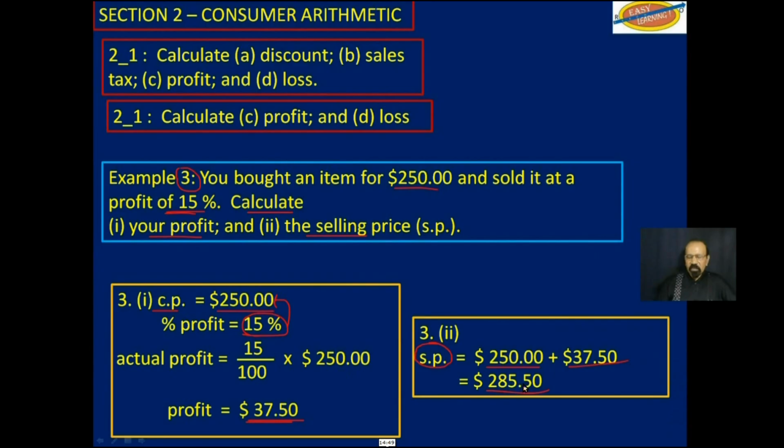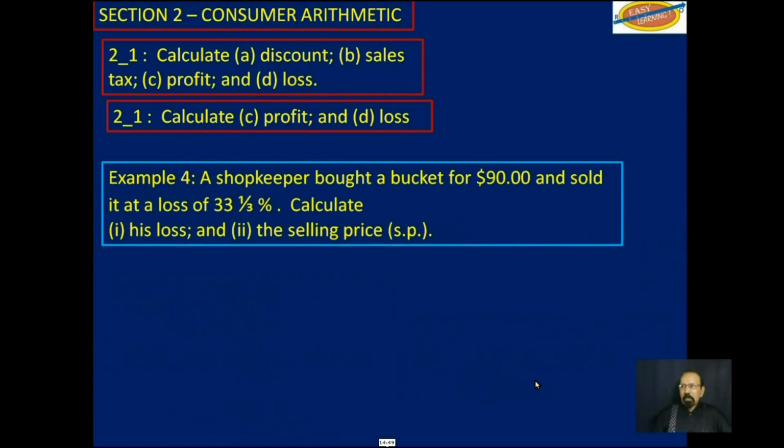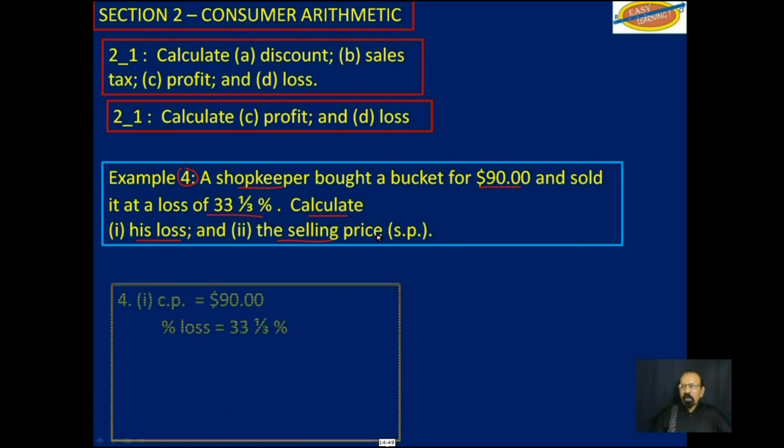So your selling price is $285.50. Example 4. A shopkeeper bought a bucket for $90 and sold it at a loss of 33 and 1/3%. Calculate his loss and the actual selling price. So cost price is $90, loss of 33 and 1/3% of that 90.